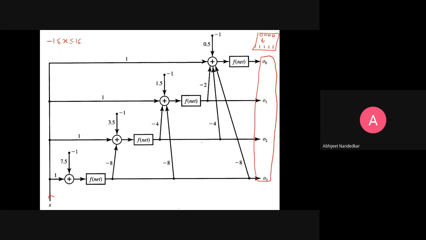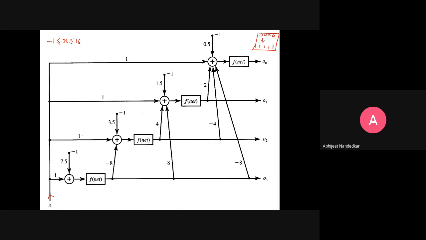Say for example, for code 0, 0, 0, 0, for what range of input is this produced? For code 0, 0, 0, 1, what range of input is required? So how do we find this out? First of all, we have to check whether this is doing what is expected, and then we can proceed further.